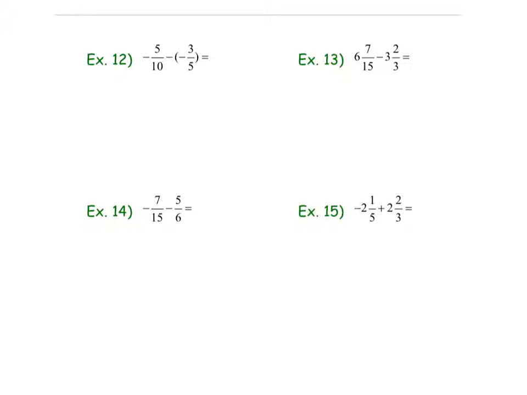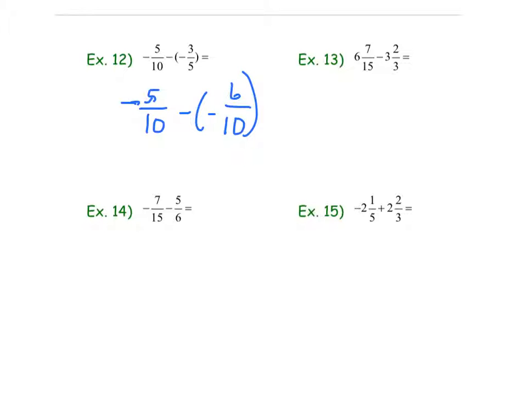All right, so now we get to practice some more fractions. Joy, joy. All right, so again, common denominator. So common denominator would be tenths. So negative 5/10 minus a negative, make this into tenths, which means 5 goes into 10 2 times. 2 times 3 is 6/10. So now I have a negative 5/10 minus a negative.